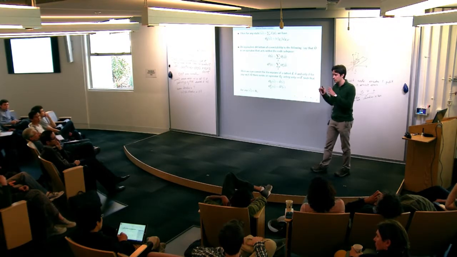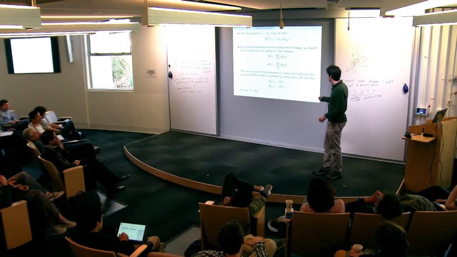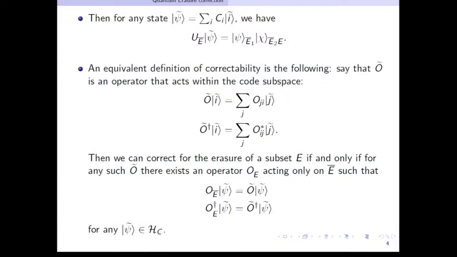What this is roughly saying is that any observable that acts within the code subspace, I can measure by measuring an analogous operator that acts just on E bar, on the part that didn't get erased. And then it's a homework problem to convince yourself that this statement is equivalent to the existence of this U.